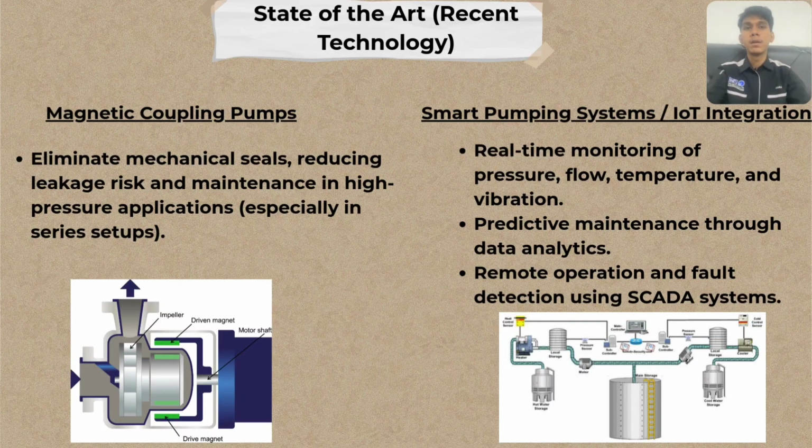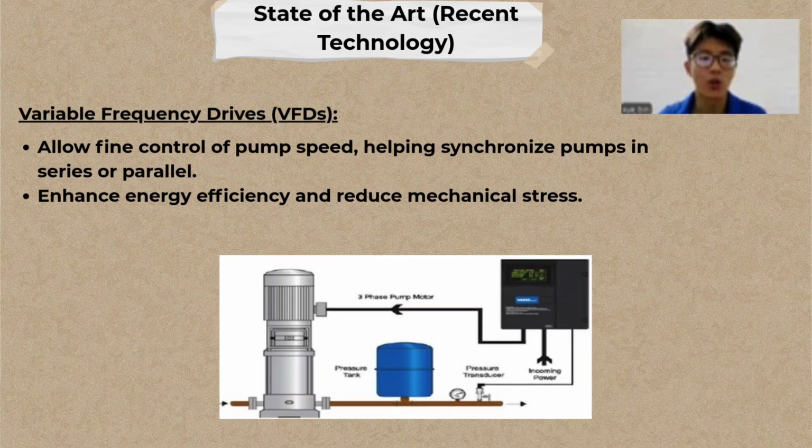The second one is the smart piping system or IoT integration, with real-time monitoring of pressure, flow, temperature, and vibration. We can also predict maintenance through data analytics. And the last one is remote operation and fault detection using a SCADA system, which makes the system more efficient.